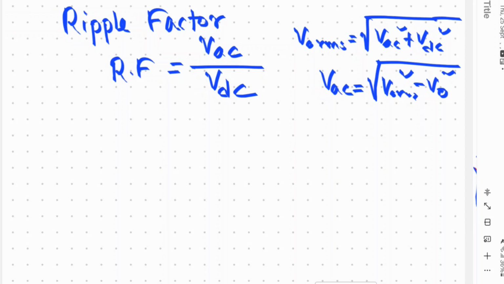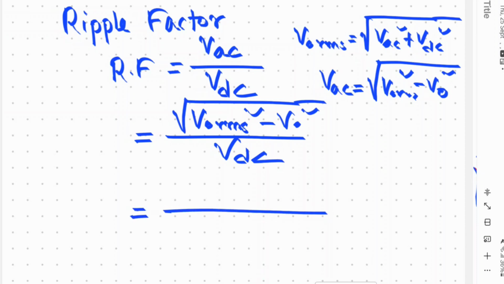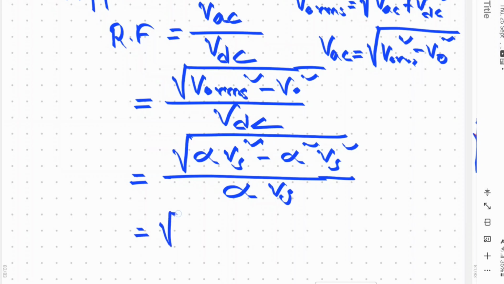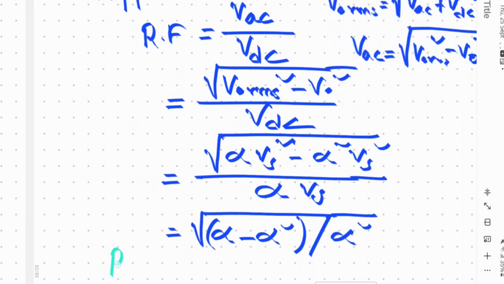So in the ripple factor, VAC by VDC is root over V0 RMS square minus V0 square by V0, that is root over alpha Vs square minus alpha square Vs square by alpha into Vs. So we can write root over alpha minus alpha square by alpha square. So the ripple factor is equal to root over 1 by alpha minus 1. This is the ripple factor.